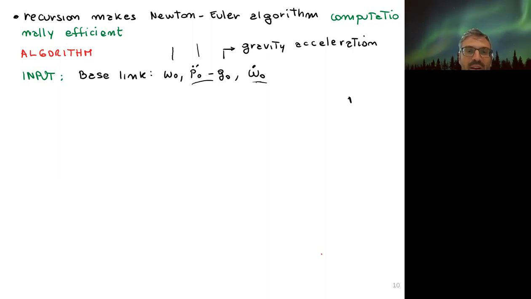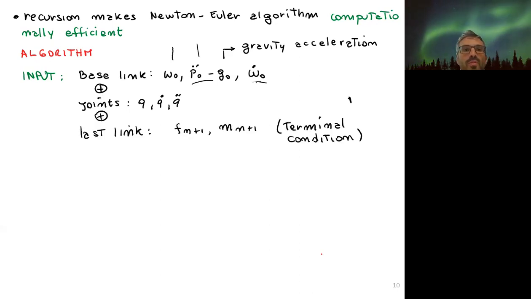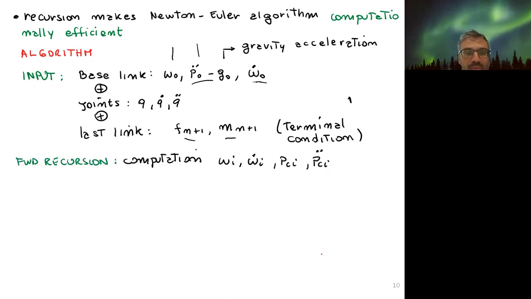We can provide the direction of the gravity, and we also need the position, velocity, and acceleration of the joints that allow us to compute the forward kinematics. And then for the last link, if we have any contact with the environment, we need the terminal condition: the force and moment at the end effector or at the last link.